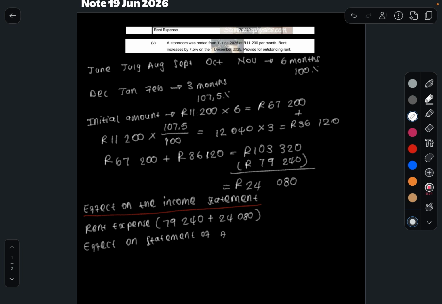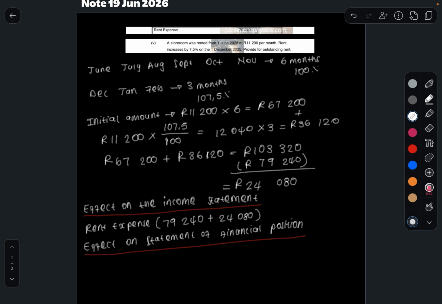This is rent expense, and we did not pay the outstanding amount, so it's going to be an accrued expense, an expense that we have not paid.